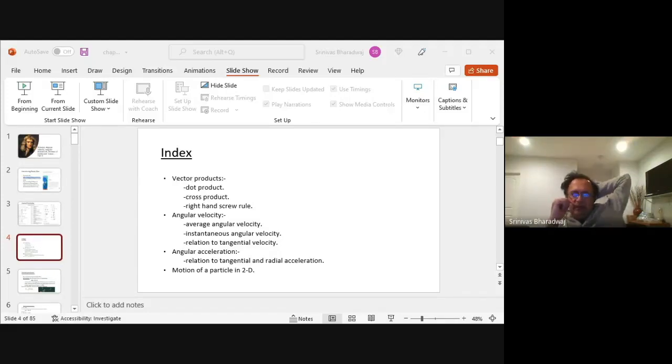So for a particle traveling in 2D, r equals r times er. You take the vector derivative, you'll have dr by dt times er plus r times der by dt. That will produce your theta dot times e theta. So remember this, and you will then be able to understand how these things get derived.